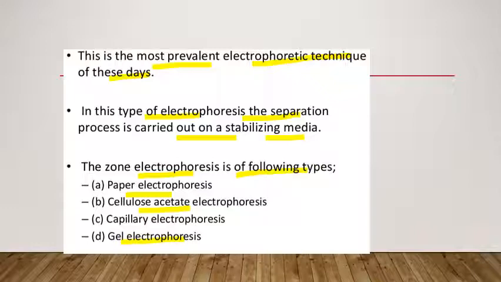Even we can use capillary electrophoresis with the supporting media. If we are using a supporting medium in capillary electrophoresis, it again comes under zone electrophoresis. And if we are using it without the supporting medium, then capillary electrophoresis comes under moving boundary electrophoresis.